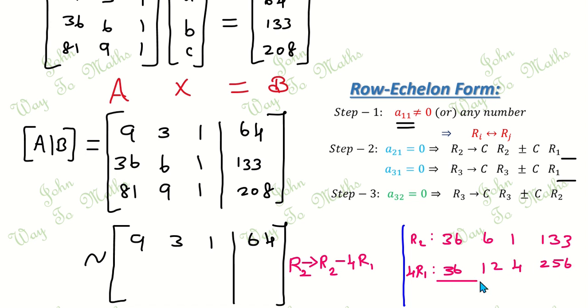Here I'm going to apply minus. So 36 minus 36 becomes 0, 6 minus 12 becomes minus 6, 1 minus 4 becomes minus 3, 133 minus 256 becomes minus 123.